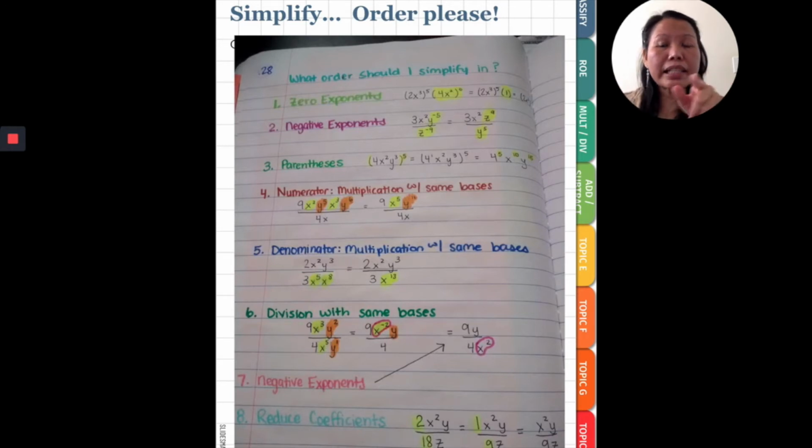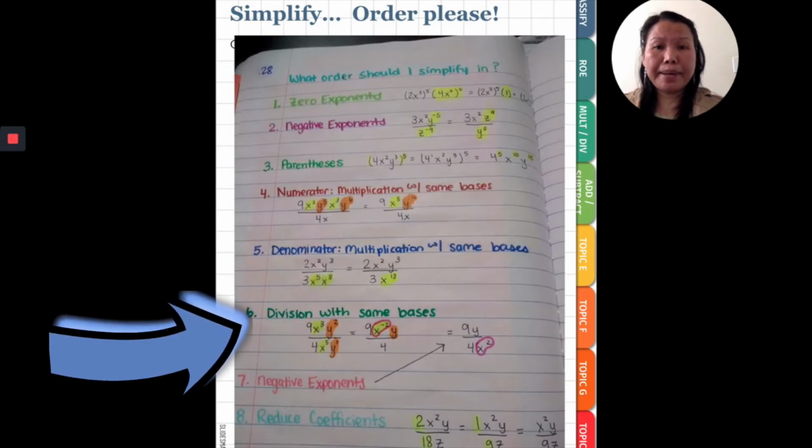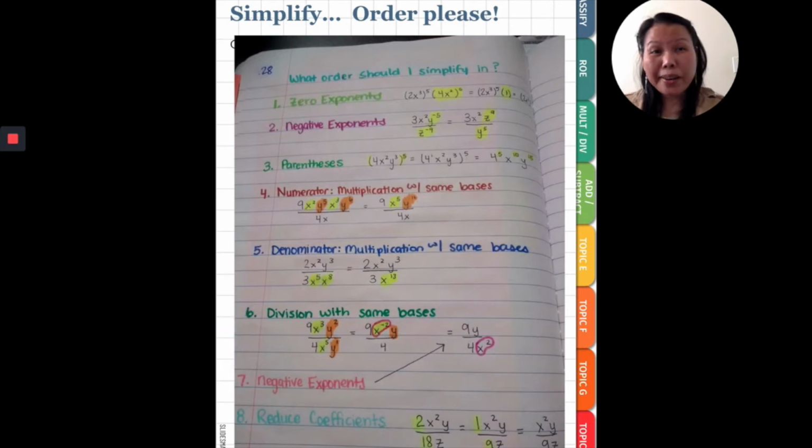Okay, so you can see some examples we give you in there. Always when you have something with a fraction, the top part gets simplified, the bottom simplified, and then we finally see if we can do anything with the top and the bottom and see if we can divide or simplify further there. Next one, number 6, divisions with the same base. If you have the division, we call it the quotient rule before, or quotient property.